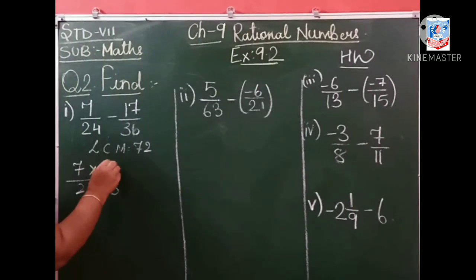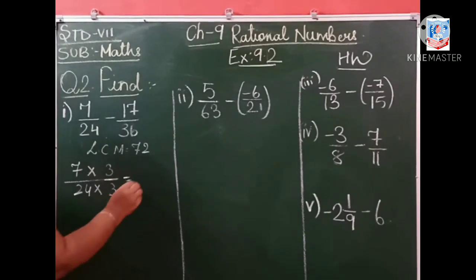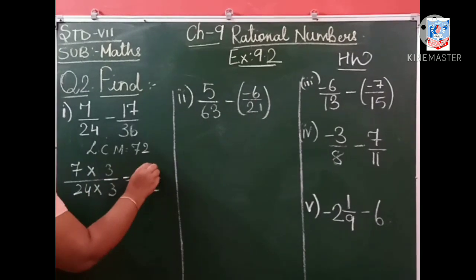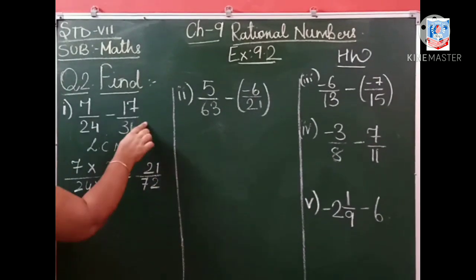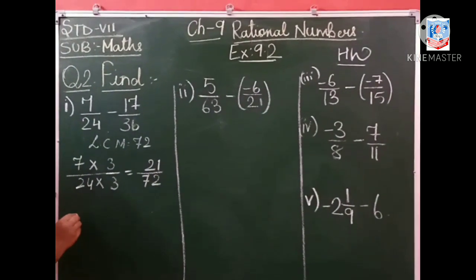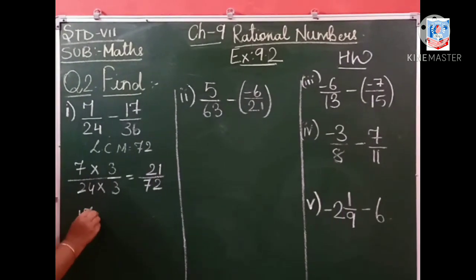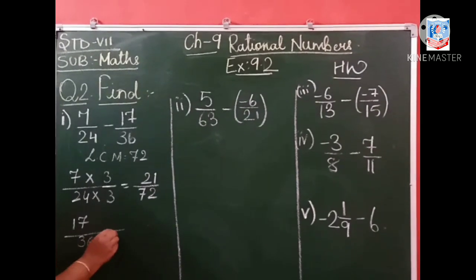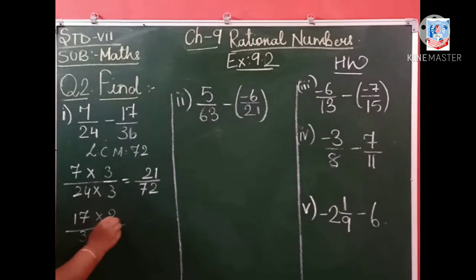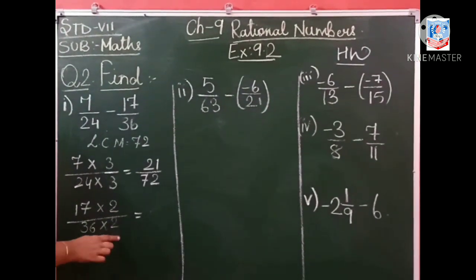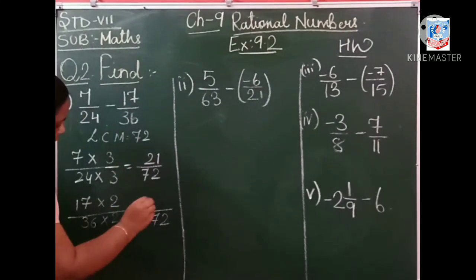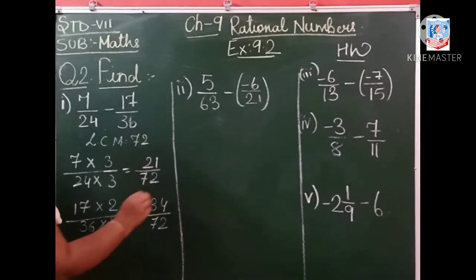3. So 24 3s are 72 and 7 into 3 is 21. Now next, 17 by 36. You will multiply 36 with 2 and 17 with 2. 36 2s are 72 and 17 into 2 is 34.